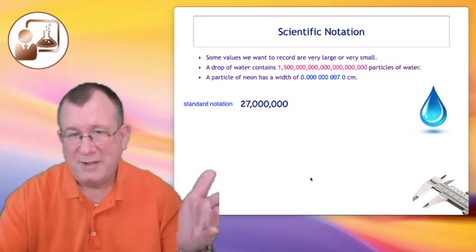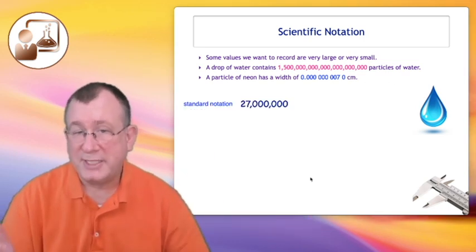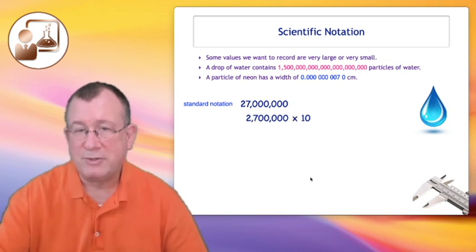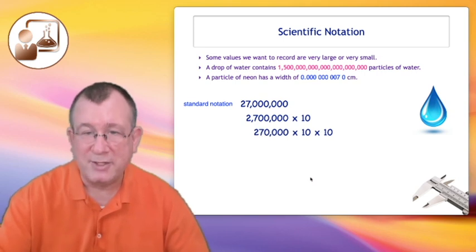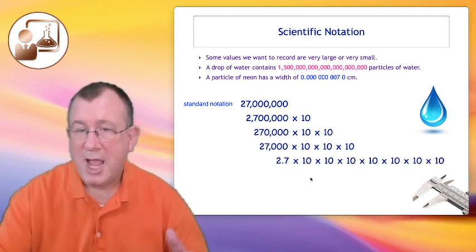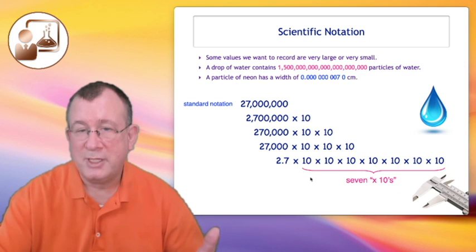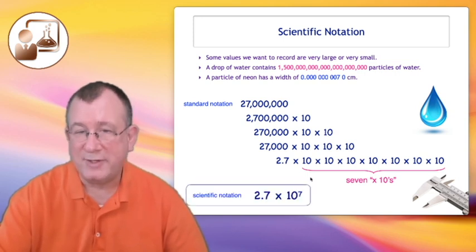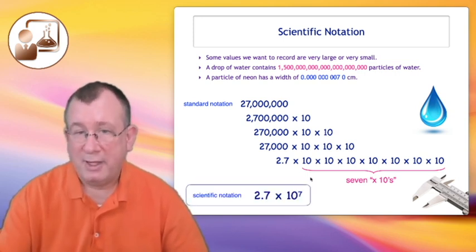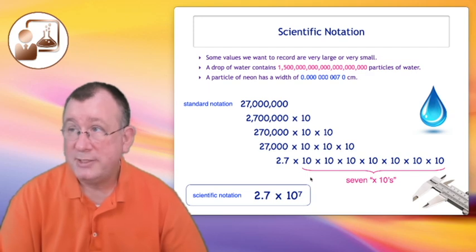Now, if I have a number like 27 million, I can factor out a 10, another 10, another 10, another 10. In fact, I can factor out a total of 7 tens here, and then I can describe my number as 2.7 times 10 to the 7th. And if I have 40 tens in there, then that's really going to save me a lot of pen ink.